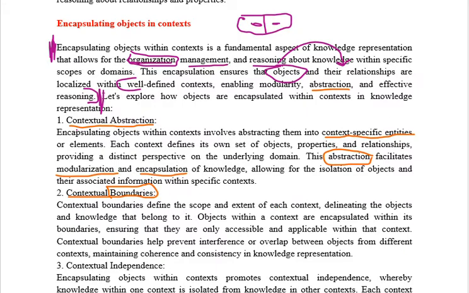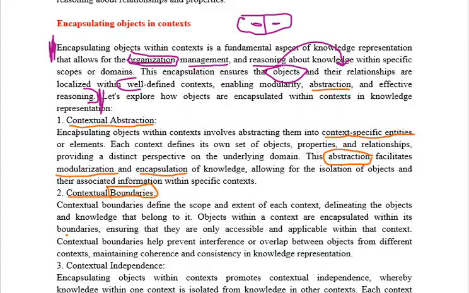Then objects within the context are encapsulated within the boundaries. So it is the concept of encapsulation. In the encapsulation of KRR, the objects are encapsulated, as I said before.